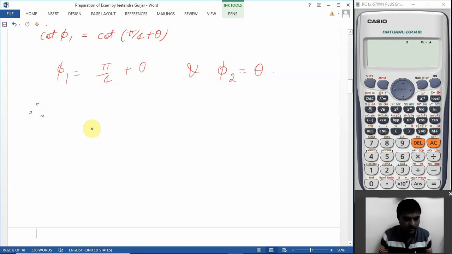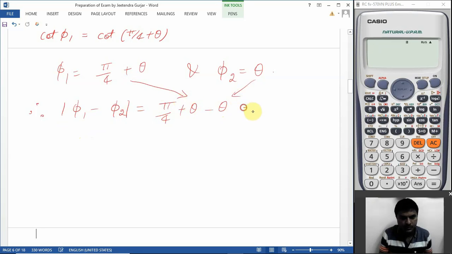Directly you can write the formula: mod of phi 1 minus phi 2 is the angle between two curves. So this will give you pi by 4 plus theta, and this is minus theta. I have substituted this value and this value, which is equal to pi by 4. If you get pi by 4, you will get the full marks friends, please remember.